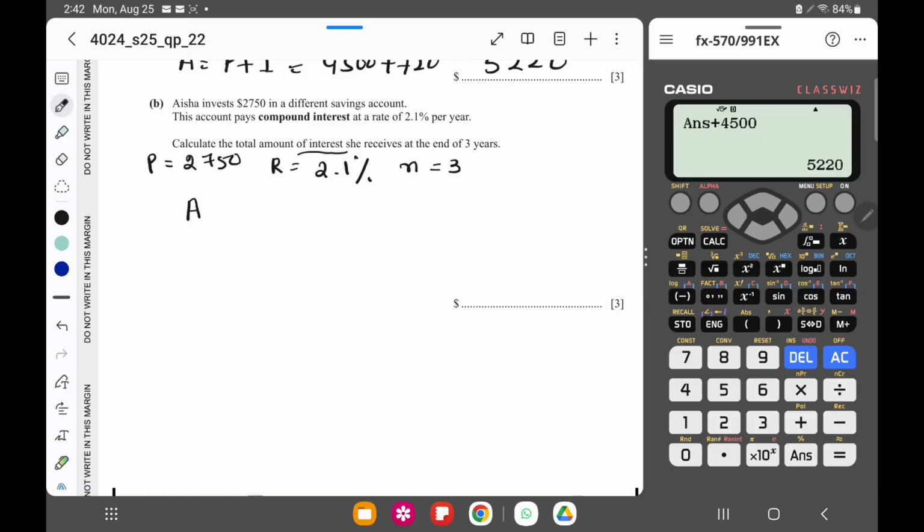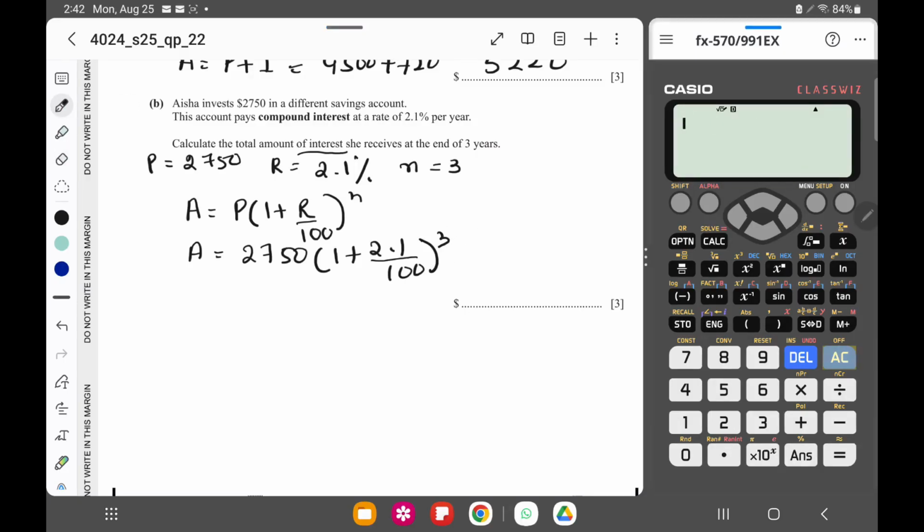First of all, find the amount, which equals P times 1 plus R over 100 to the power of n. So amount equals 2,750 times 1 plus 2.1 upon 100 to the power of 3.